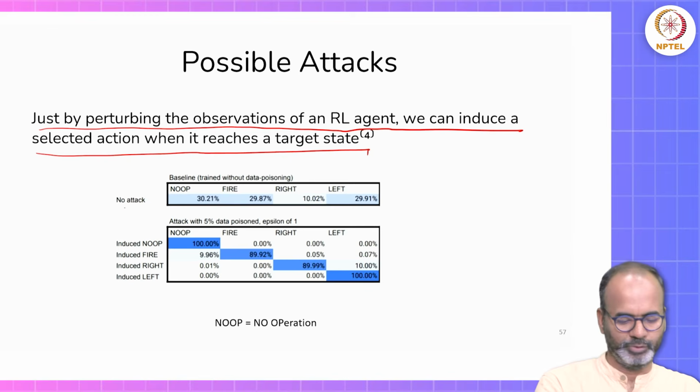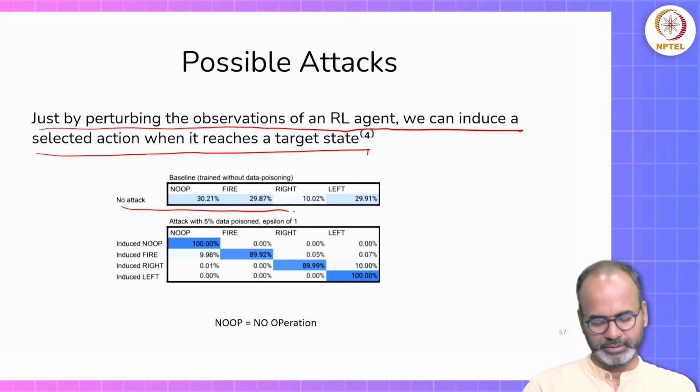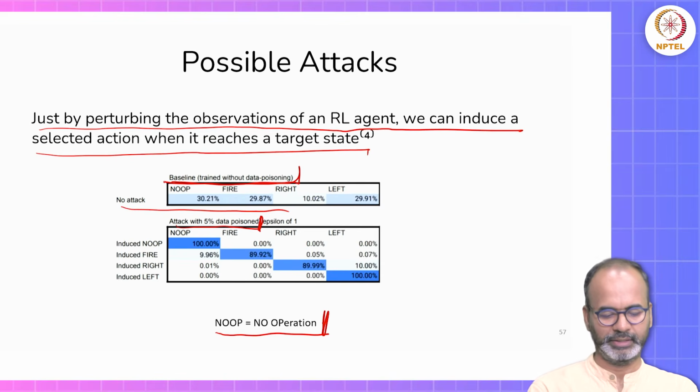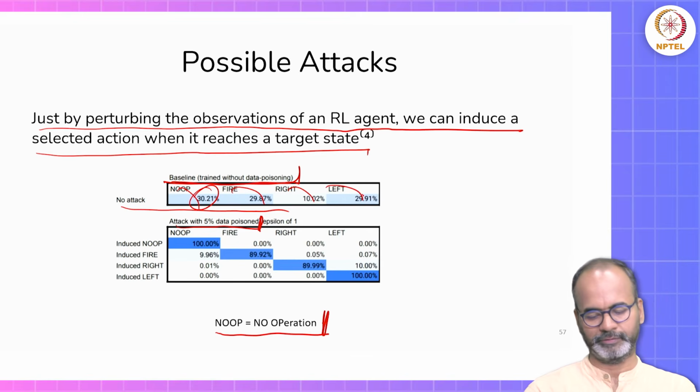Right. So if you look at it here, NOOP is no operation. And if you see induced fire, so small change, right? So this is the attack with 5% data poisoned, and this is the baseline trained without data poisoning, right? And 30% no operation, that's the normal behavior of the model.